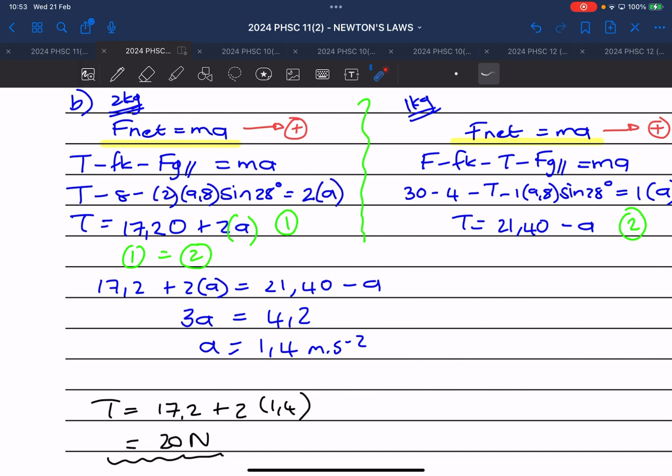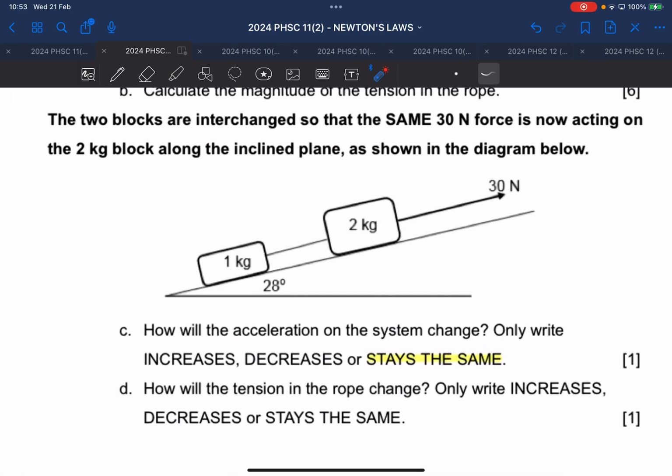But now the mass is not 2 anymore. Now the mass is 1. So what will happen? Okay, so it will definitely change. How will it change? Let's quickly just check.